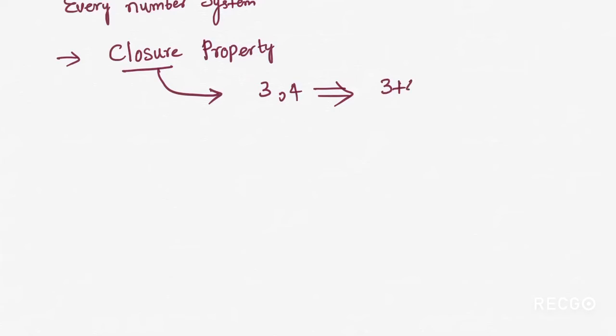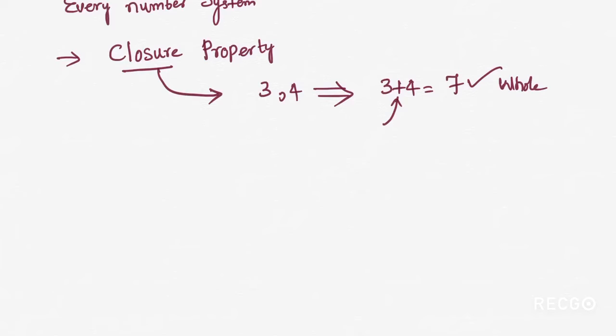Adding 3 plus 4, it is 7. What is 7? A whole number. It means when we add two whole numbers, two integers or two natural numbers, we get the sum within that same set. If we add two whole numbers we get one whole number.